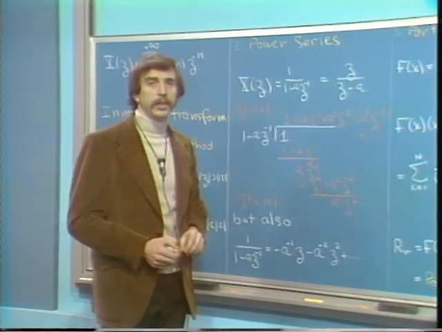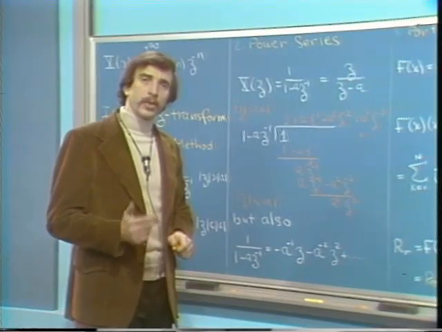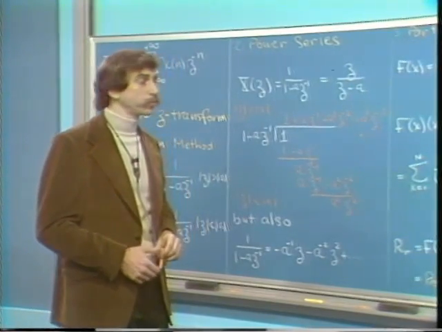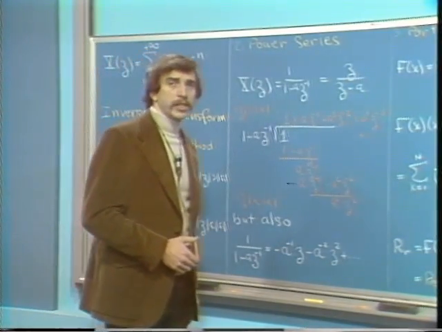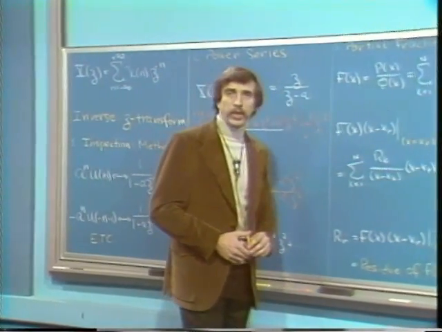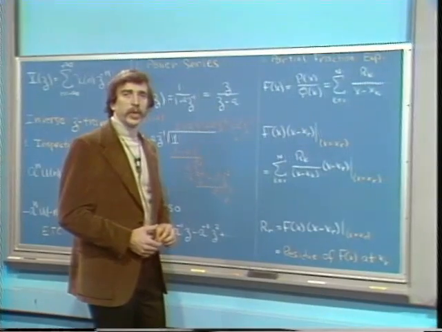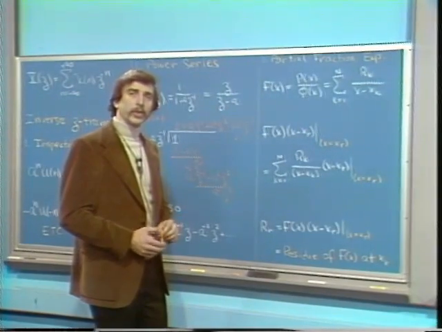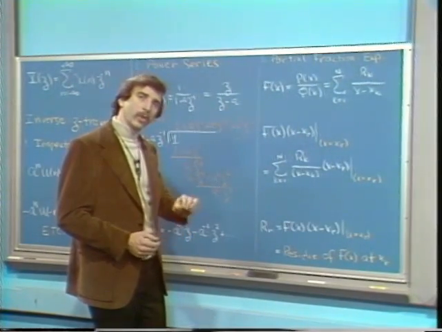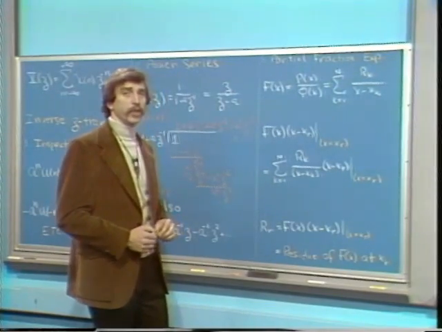And this method I'll refer to as the method based on the partial fraction expansion. I assume that some of you are familiar with the partial fraction expansion in general for a rational function, but in case you're not, or in case you're rusty on it, let me just quickly review what the partial fraction expansion consists of.